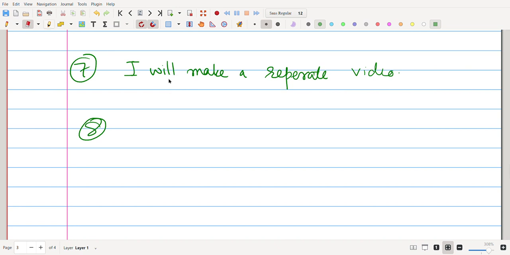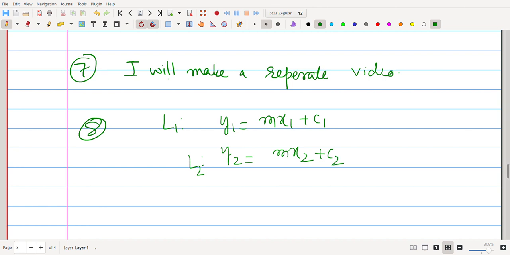It's better to write L1 as y1 = m x1 + c1 and L2 as y2 = m x2 + c2. Why? Because these are parallel, so both have the same m. Here it is m1 and m2, with m1 equal to m2.